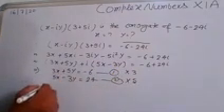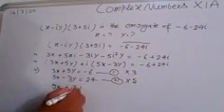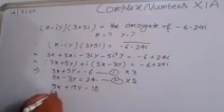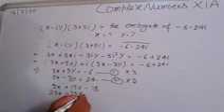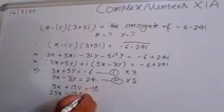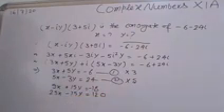So you have 9x plus 15y is equal to minus 18, and here you have 25x minus 15y is equal to 120, that is 5 times 24.